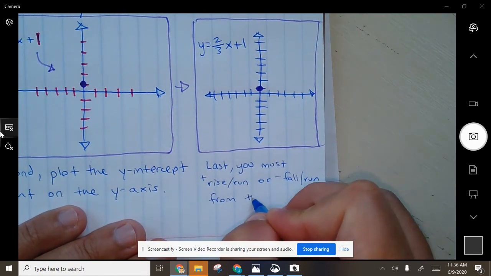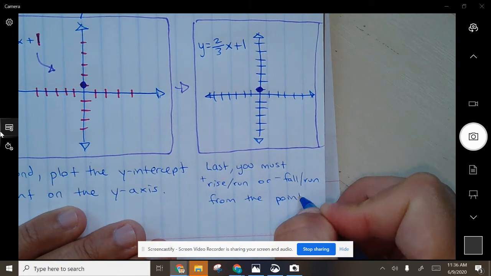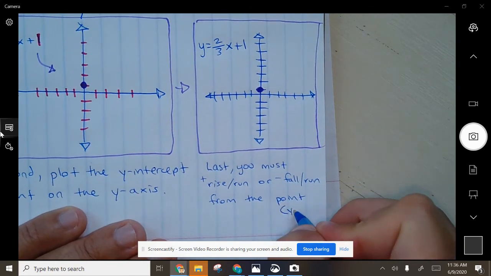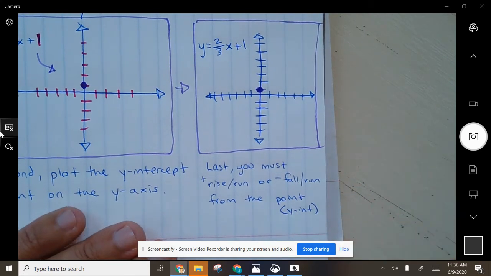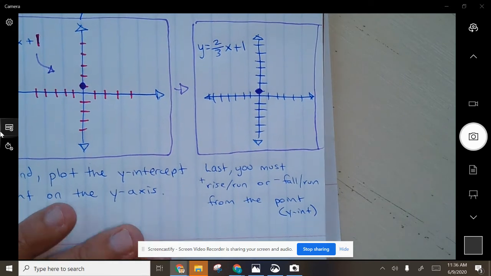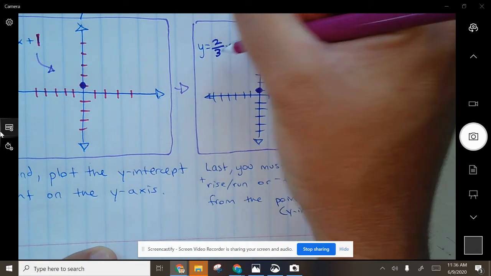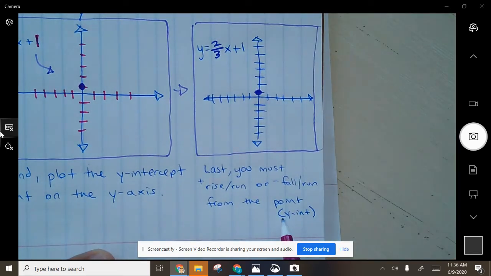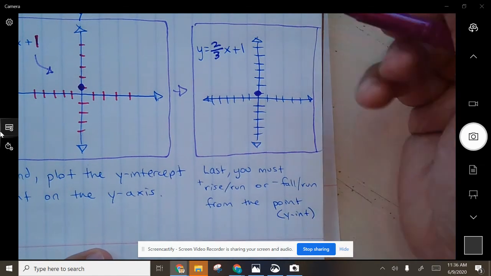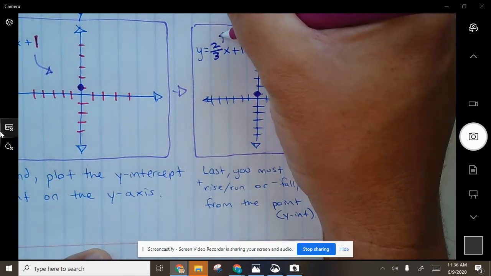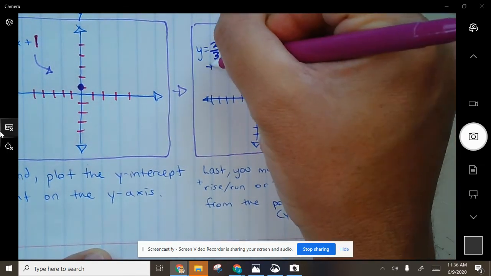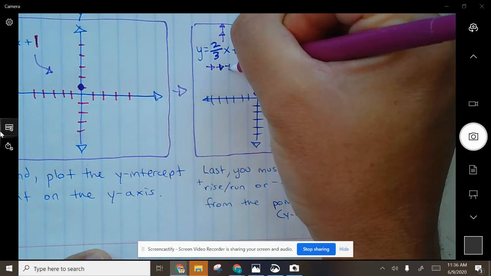From the point, I'm going to put this Y-INT. Okay? So you're going to rise and run or fall and run. And what is our slope again? 2/3. So this one we're going to rise and run. It's going to go up 2 and run 3.